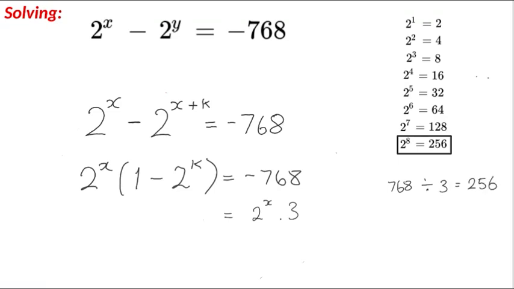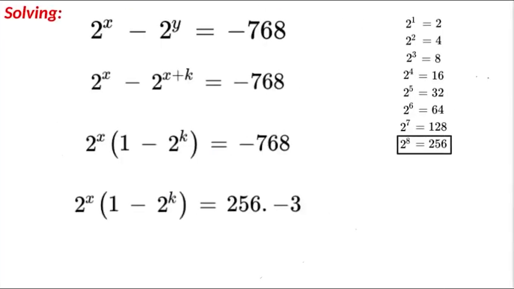Alright, so with that in mind, we can replace the 768 with 256 by negative 3. And now we're going to look at all the powers with a base of 2, and when we get to 2 to the power of 8, we can match up with the 256.